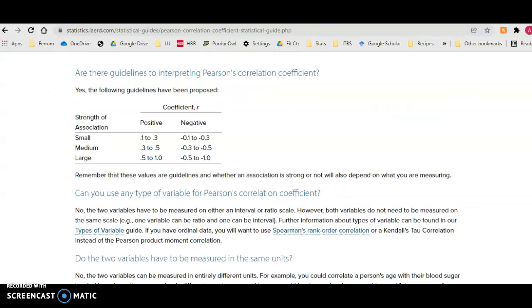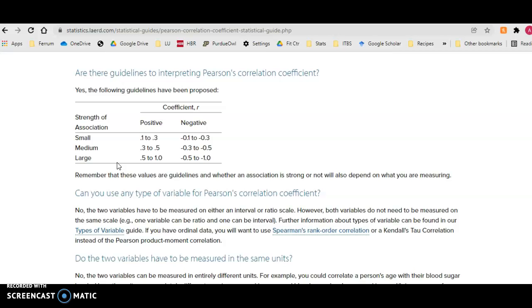0.17. You will use this as a guide to determine whether it is a small correlation, so it means a small relationship, medium relationship, or large relationship. Our Pearson's correlation coefficient will be measured in both negative and positive numbers from 0.0 to either positive 1.0 or negative 1.0.